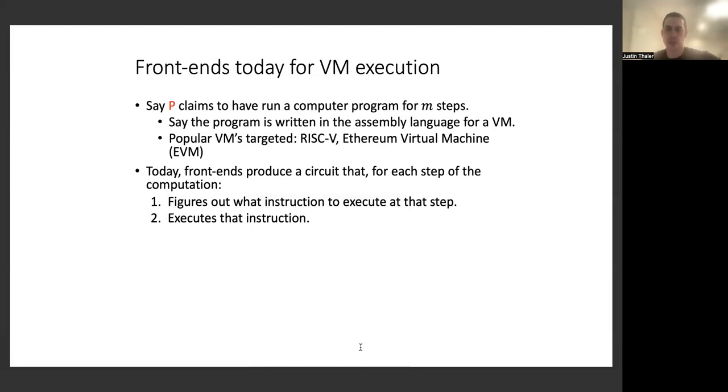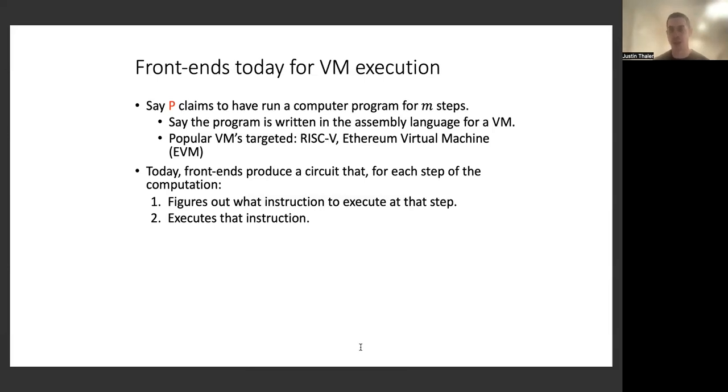And the way people deal with these today is they'll basically turn the virtual machine into a circuit, like kind of a universal circuit or constraint system. And basically what the constraint system will do is make sure that the prover at each step of the computation correctly figures out what instruction needs to be executed at this step, what primitive instruction, and then that the prover correctly executes that instruction. So that's what's happening over and over again.